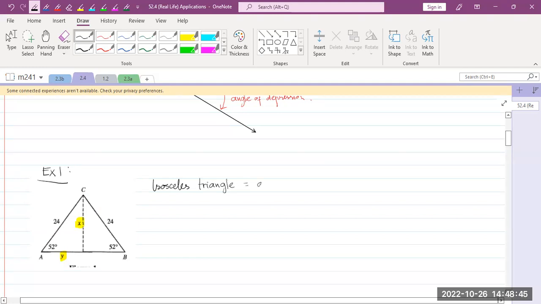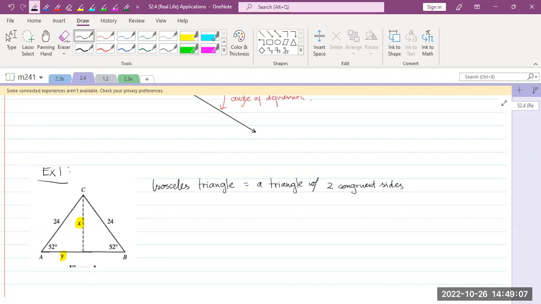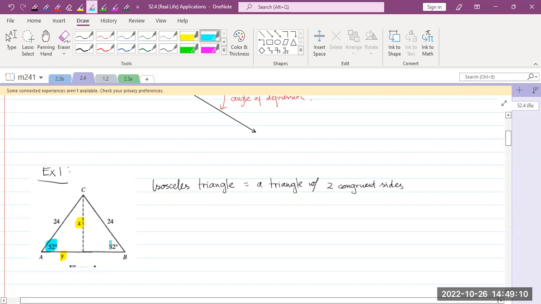That is a triangle with two congruent sides. Consequently, if you took geometry before, if you have two congruent sides in a triangle, then you must have two congruent angles too. The opposite angles must be congruent, because the side here is congruent to this side here.